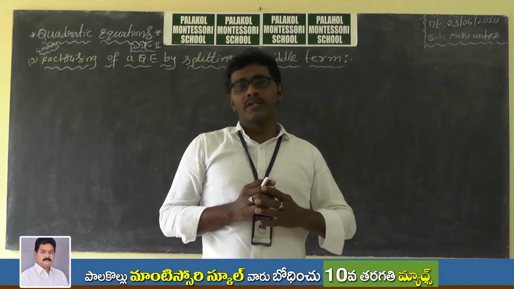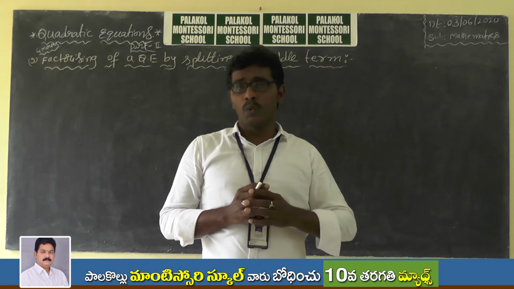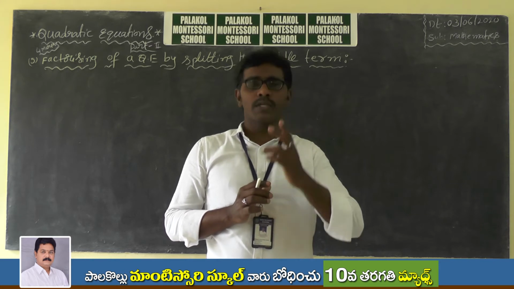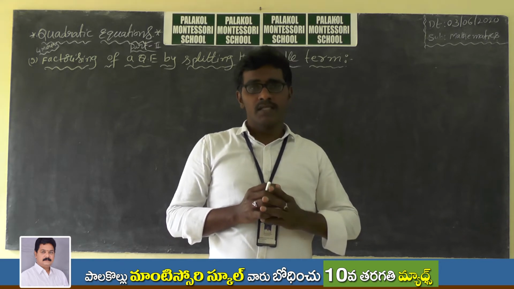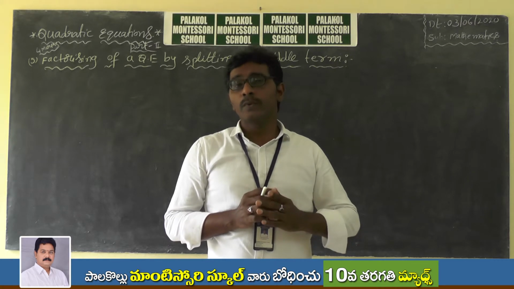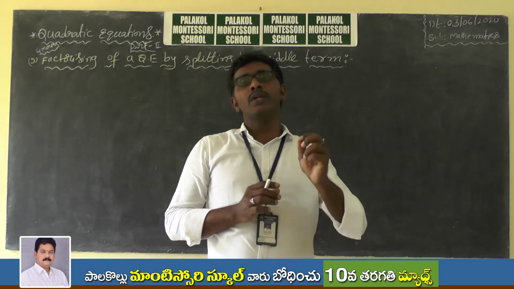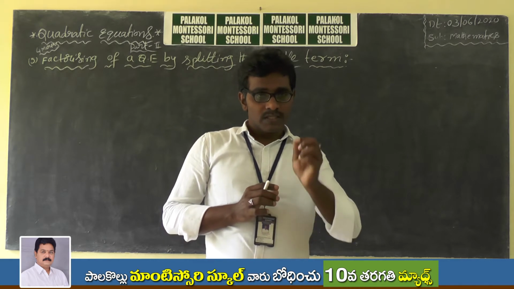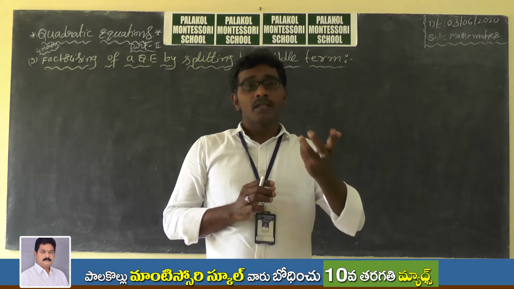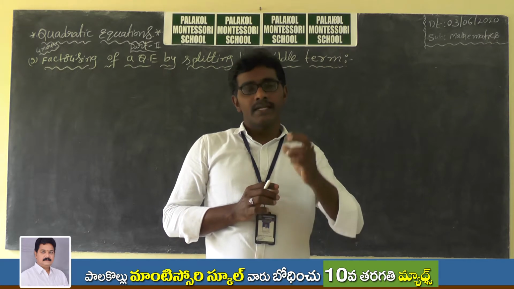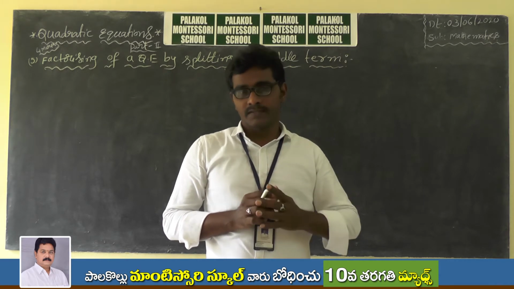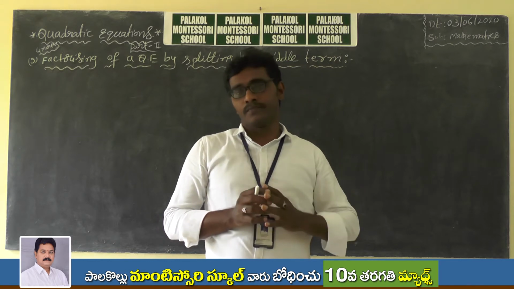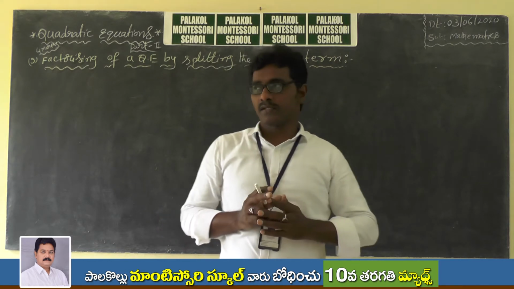You select p comma q belonging to R, that means you select 2 real numbers such that p plus q is equal to b and p into q is equal to ac. This is applied to the quadratic equation, and the term is split. This method is called splitting the middle term of quadratic equations.